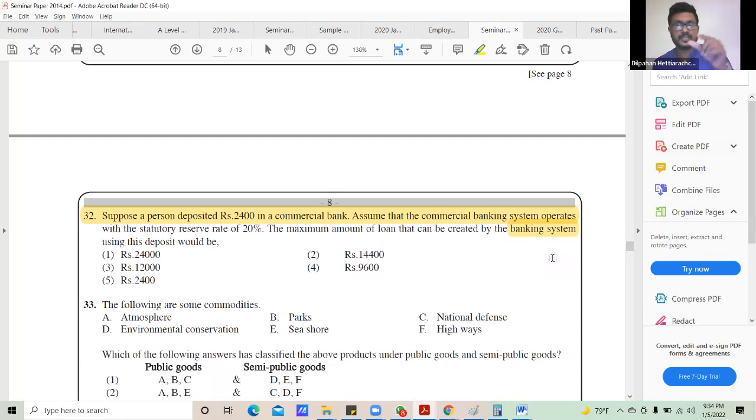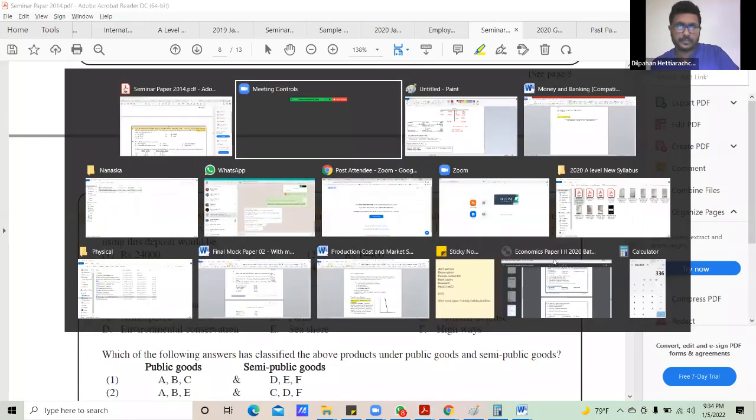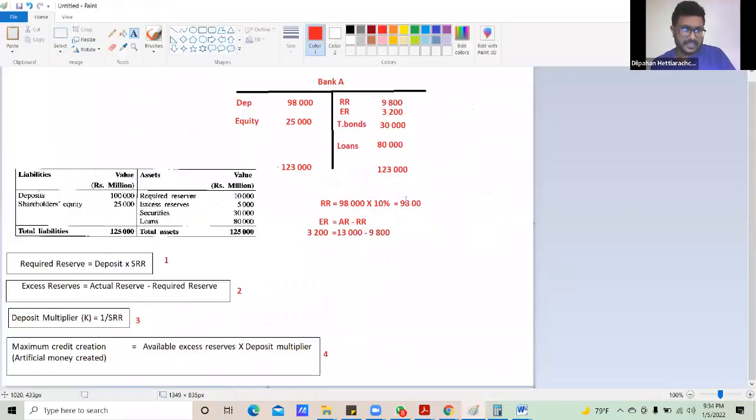But now this is the banking system, so we can use the third and fourth equations. Whatever credit creation calculations you receive, you can do them from these four equations. So this one can also be done with number 3 and number 4.